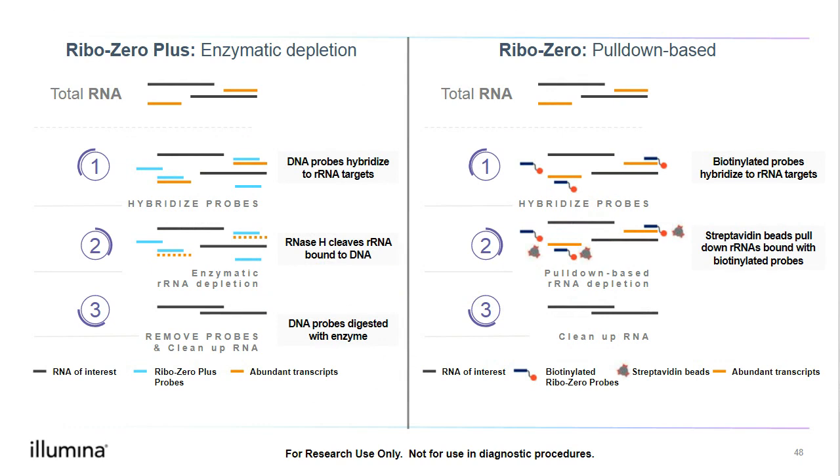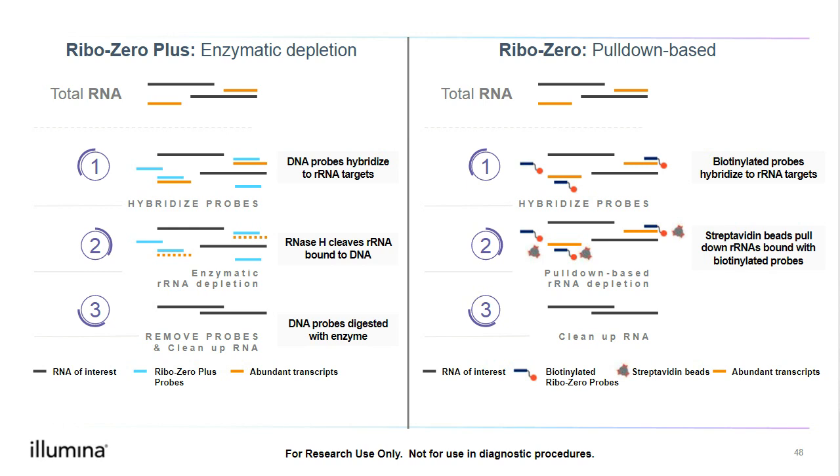Let's take a closer look at the RiboZero Plus enzymatic depletion and the RiboZero pull-down based depletion. On the left with RiboZero Plus, we use DNA probes that hybridize to rRNA target. RNase H then cleaves the rRNA bound to the DNA probes, and the DNA probes are digested away, leaving us with our rRNA depleted input.